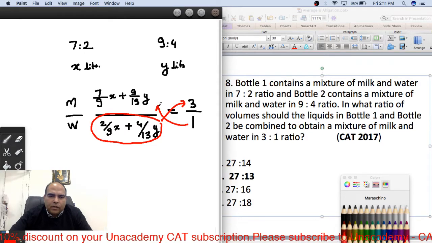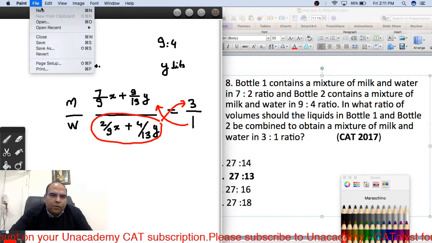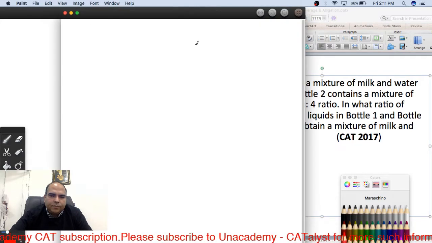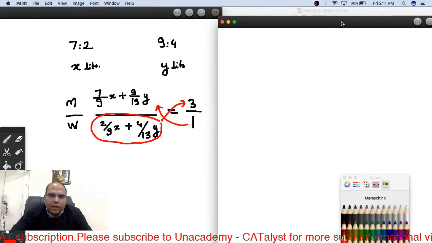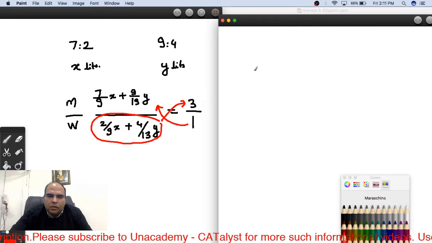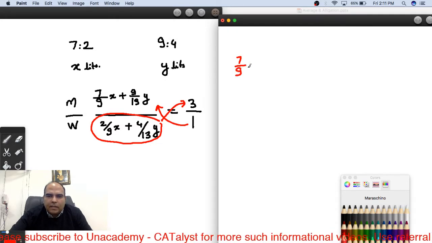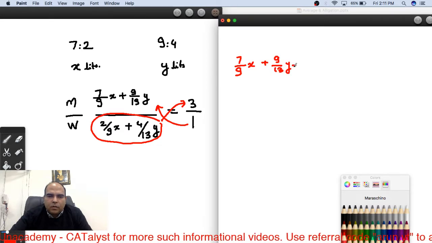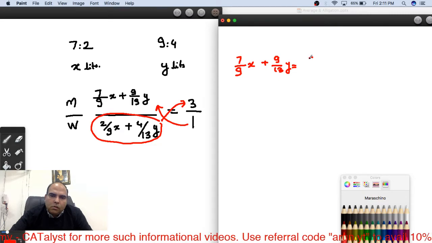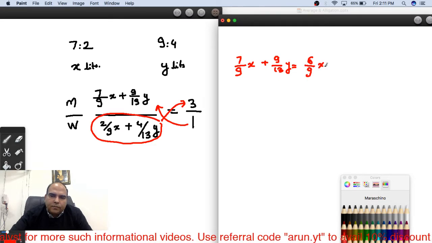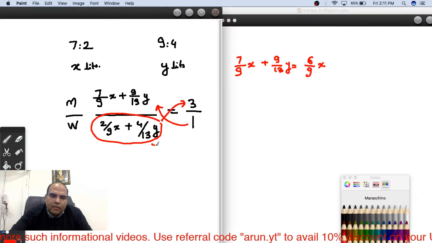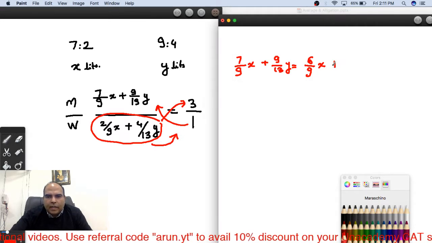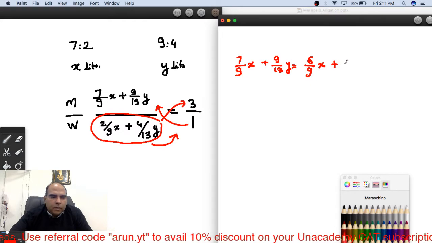If I do that calculation, I'll get 7/9 x plus 9/13 y is equal to 6/9 x plus 12/13 y, taking this to that side and multiplying by 3 to get the x and y coefficients.